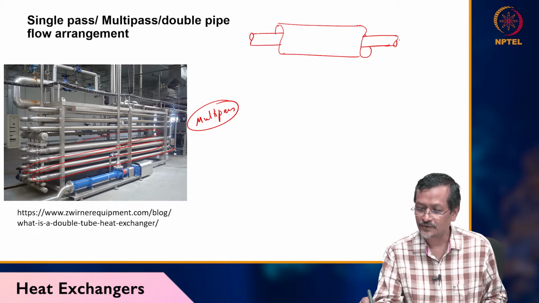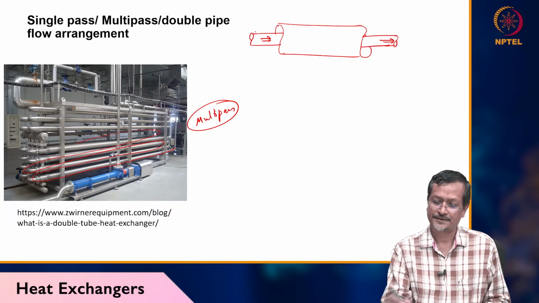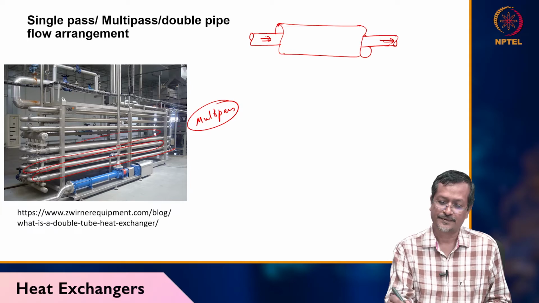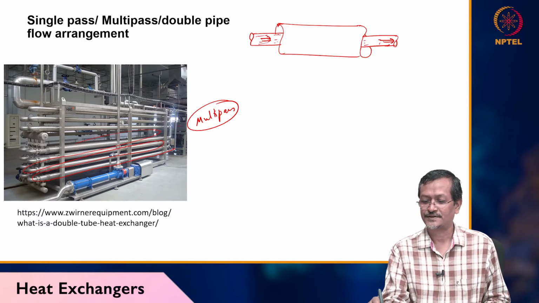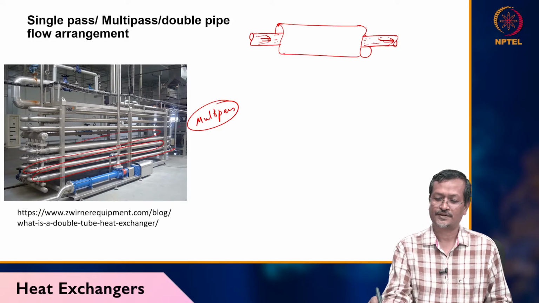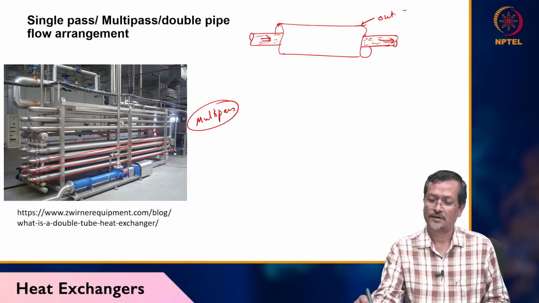You also can draw if you like. This is inner pipe, this is outer pipe. Okay, inner pipe, I'm just making some dots over it so that you can identify separately. Okay, this is outer pipe, this is inner pipe.